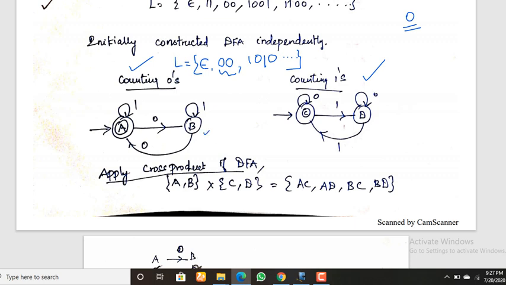This is the DFA for counting zeros, and this is the DFA for even number of ones. The same thing: the language should start with epsilon, then 11, 1010, and so on. It is also an infinite language.